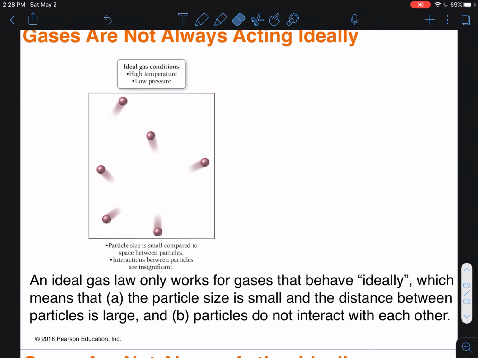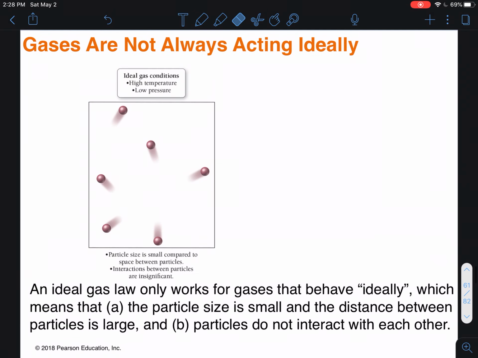And so I just want to say that when we talk about gases behaving ideally, that's when the theory works. When the theory doesn't work is when we recognize that gases are not always ideal. Okay, so what does that mean?